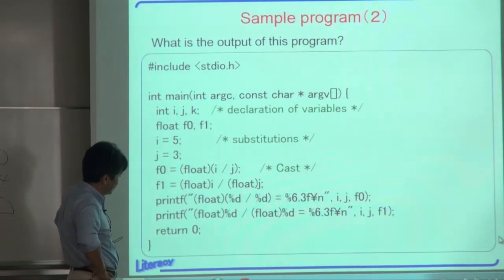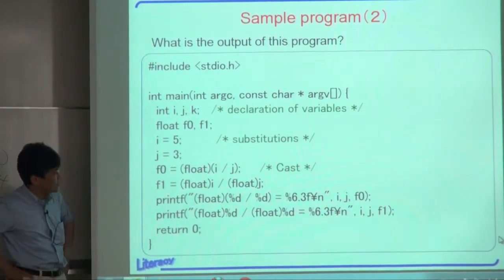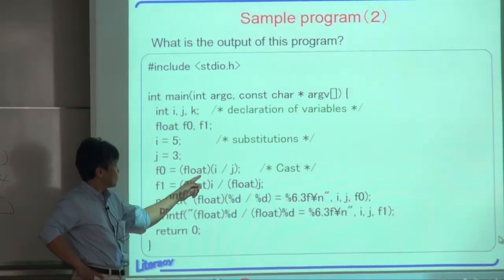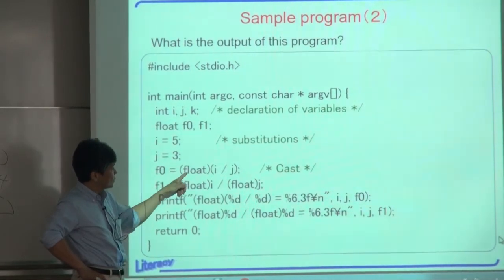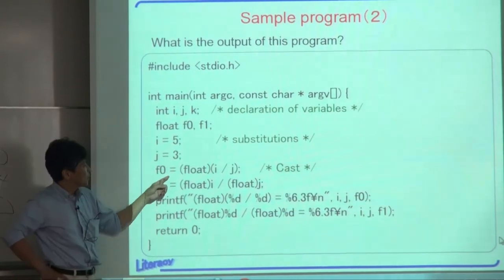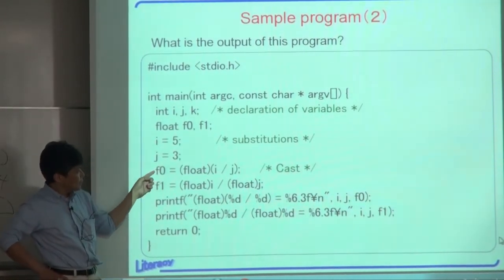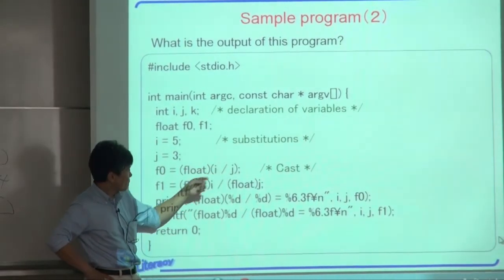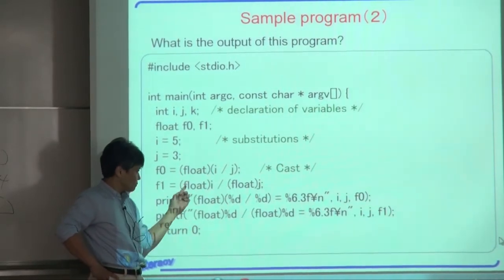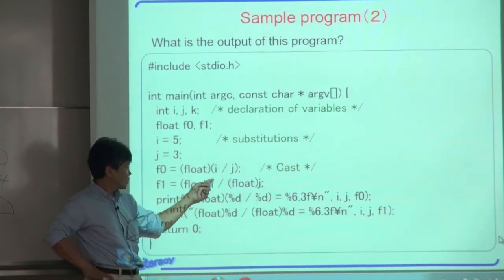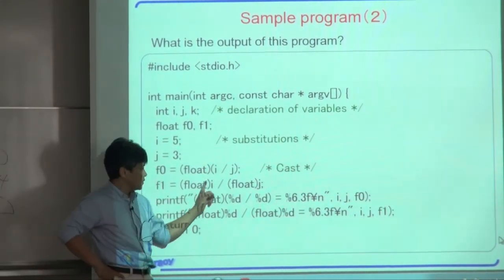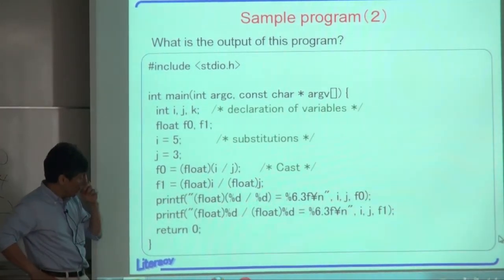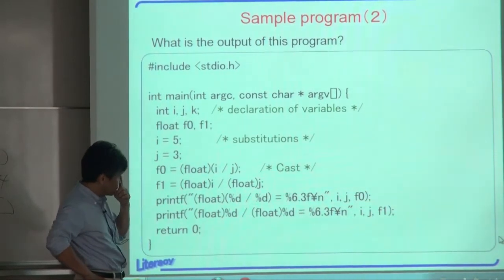So this case uses casting. As I explained already, in this case the result should be integer numbers, even if this variable is treated as a float number, because the return value of this calculation usually becomes an integer. In this other case, the result of this calculation becomes a float number, because using casting, each variable is treated as a floating point number. Okay.